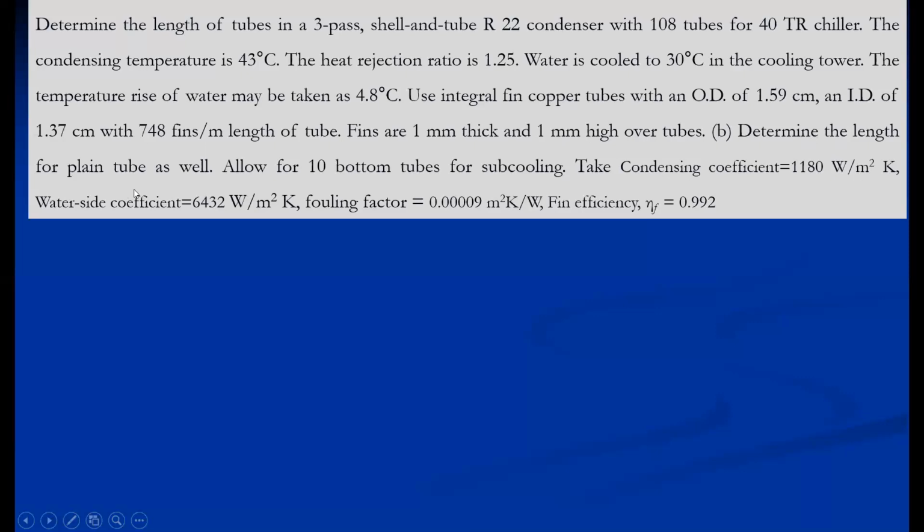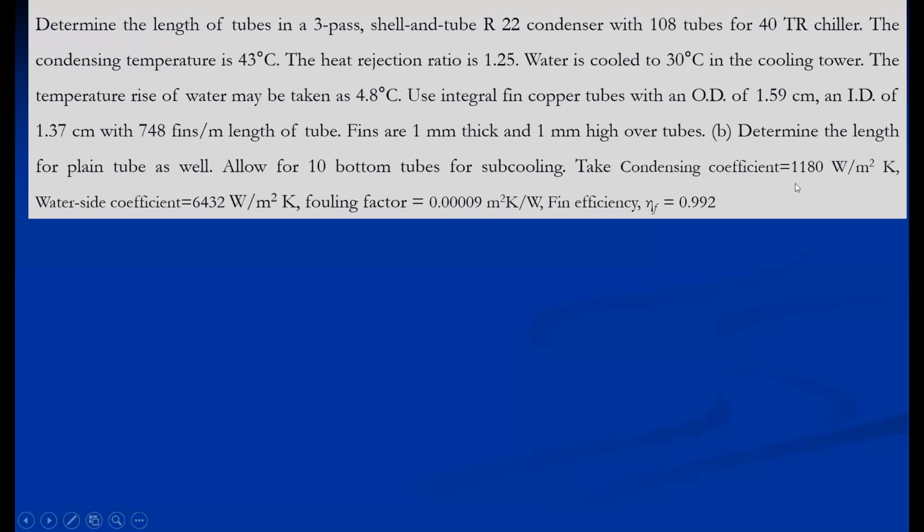Determine the length for the plain tube as well. The length we have to determine. Allow for 10 bottom tubes for subcooling. So 10 additional tubes are used for the subcooling. This provision is made in the shell and tube condenser.